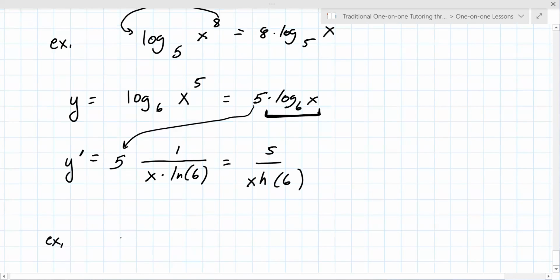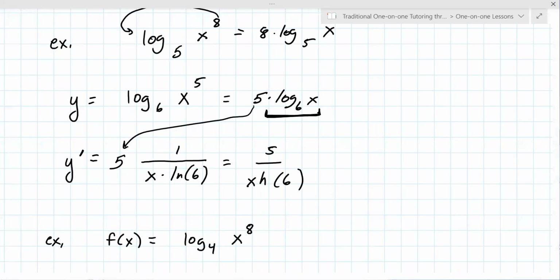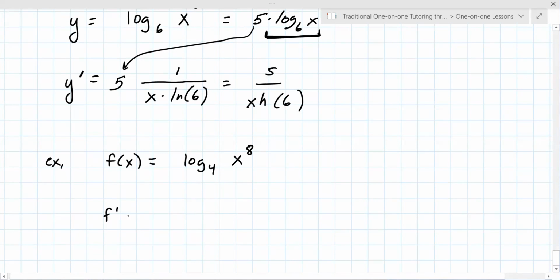Let's say f of x equals log base 4 of x to the 8th. I want you to determine the derivative. What is f prime of x? So it's 8 log base 4 of x.